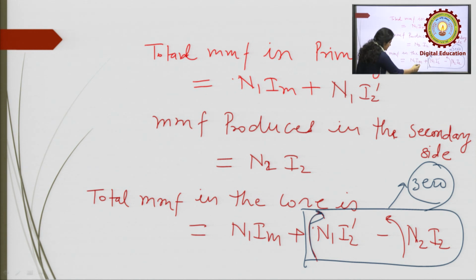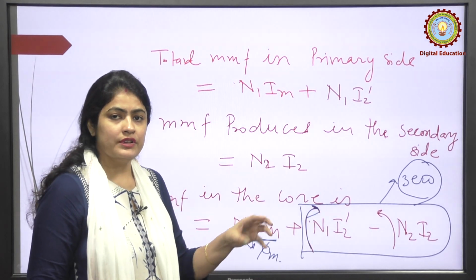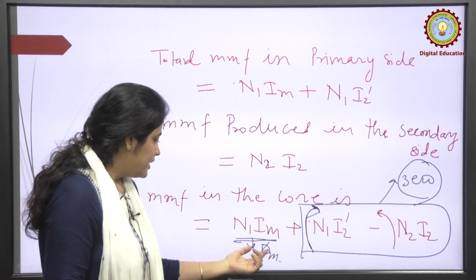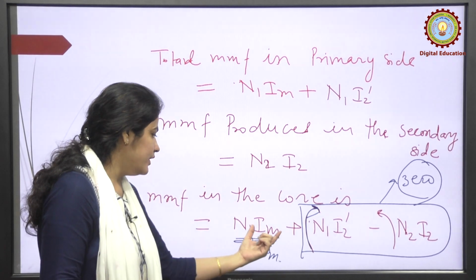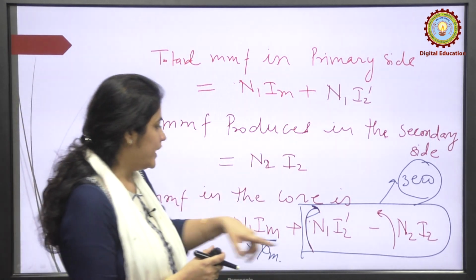So the MMF remaining is N1 Im, and due to this MMF phi m is produced. So whether the switch is on or off, the flux remains the same in the core, and the MMF produced by the flux is N1 Im. Okay. So this is the loading effect.